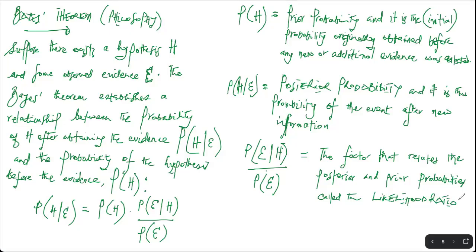So essentially, if you take a look at the Bayes theorem, it's simply saying that the posterior probability equals the prior probability times the likelihood ratio.